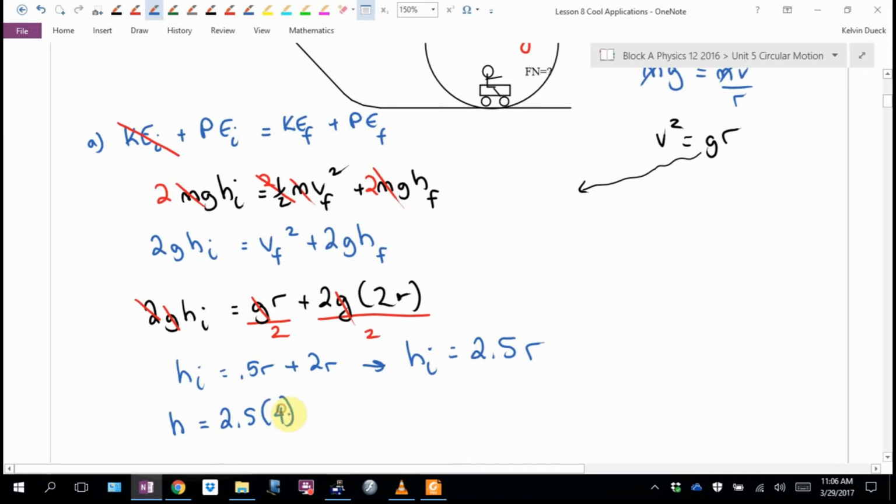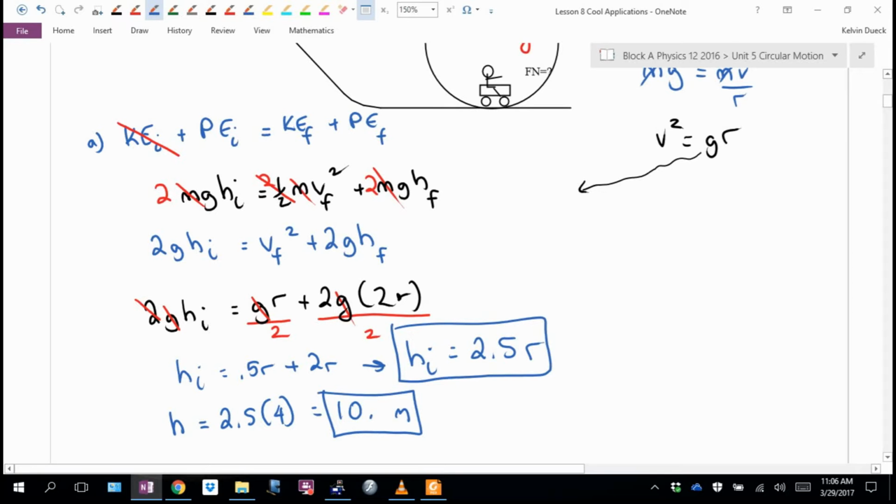So I have to be able to do 2.5 times 4 in my head. Go ahead. What's 2.5 times 2? So 2.5 times 4 would be 5 plus 5 in your head? Ta-da. There's the generic expression.